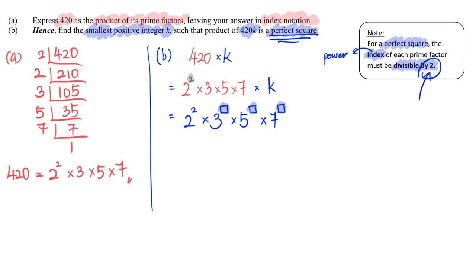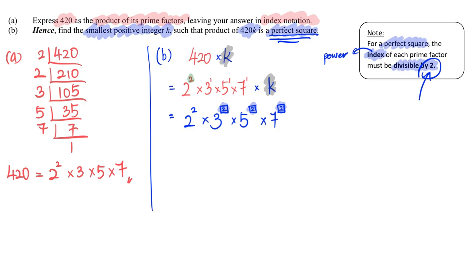Currently they cannot: 3 is power 1, 5 is power 1, 7 is power 1. If I were to make them 2, this must come from somewhere, isn't it? It must come from k.